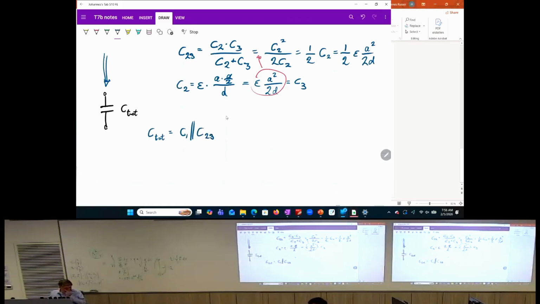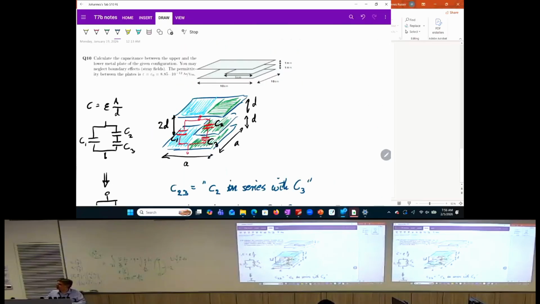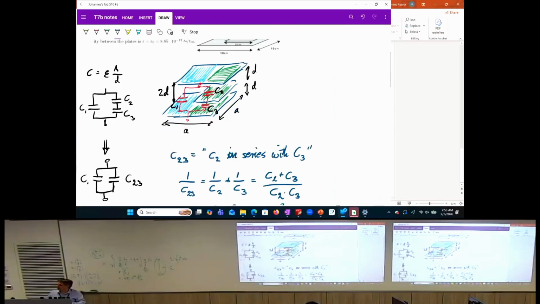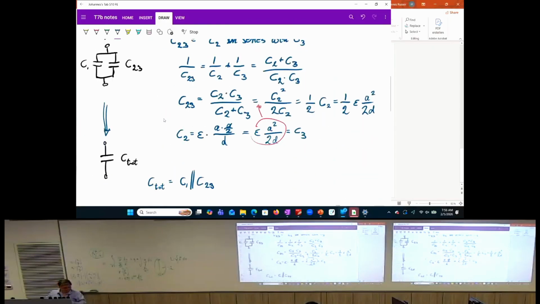So what is C1? C1 is epsilon. Epsilon is a material parameter. And then A, what is A? This is again A in the depth and a half in the width. And D is now 2D.